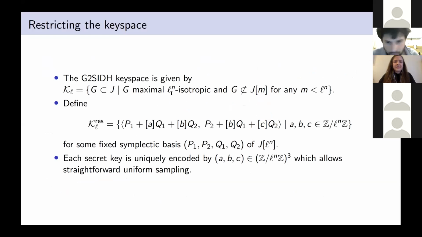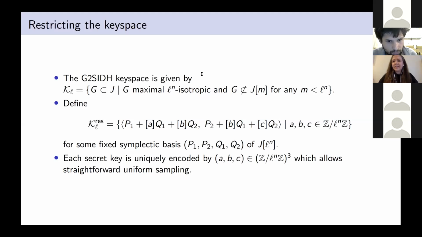And then we can look at the original key space, which contains all the L to the n isotropic subgroups of the L to the n torsion. And in particular, all different types of subgroups that we have determined in our classification process. But it's really hard to sample from this key space.